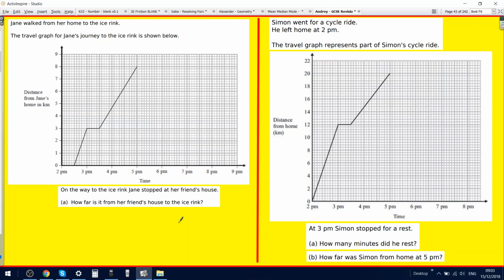Is it like 5 kilometers? Yeah. Let's see. Okay, one on the right.